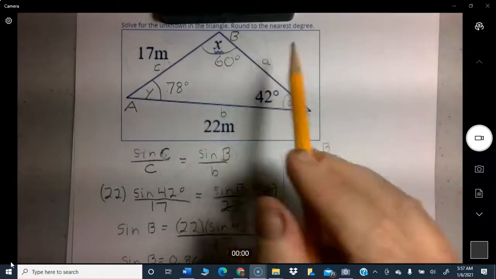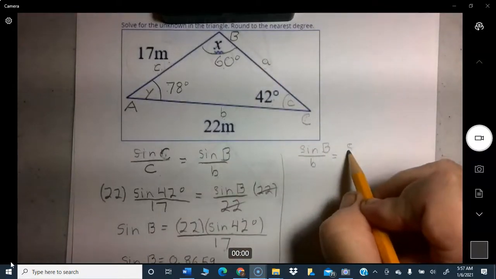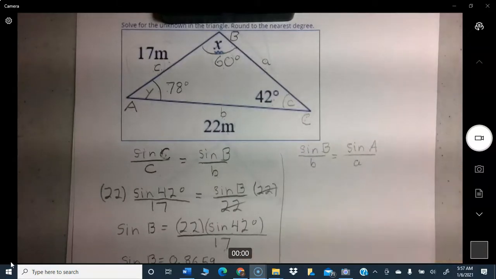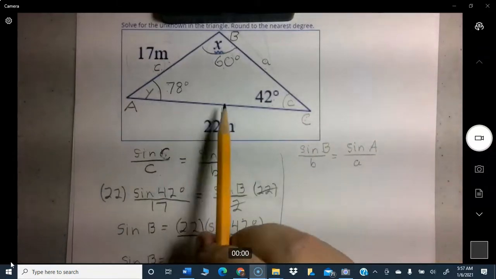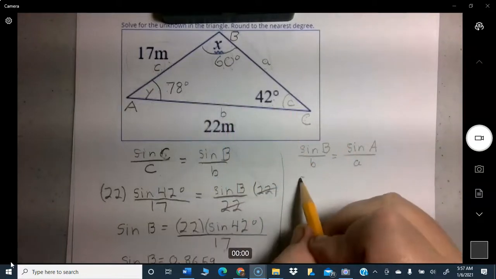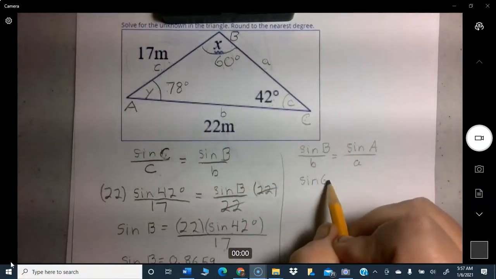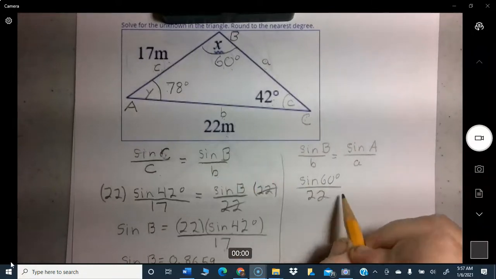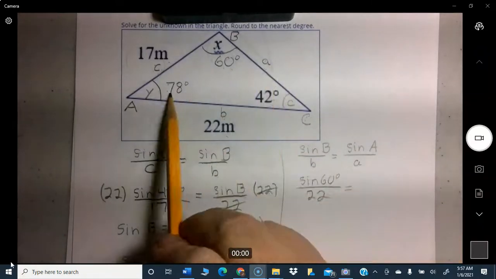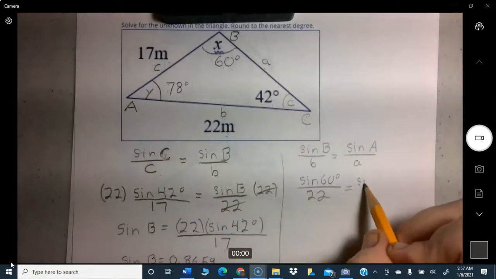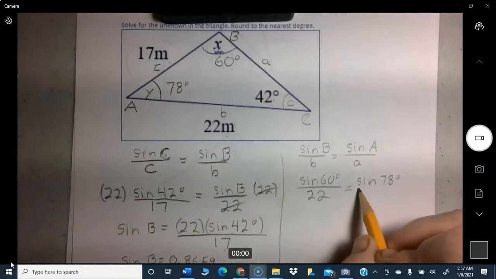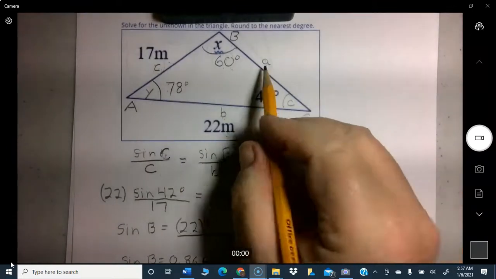And we're trying to find A. So we know sine of B, sine of 60 over 22, equals sine of A, 78, over A, which is what we're trying to find.